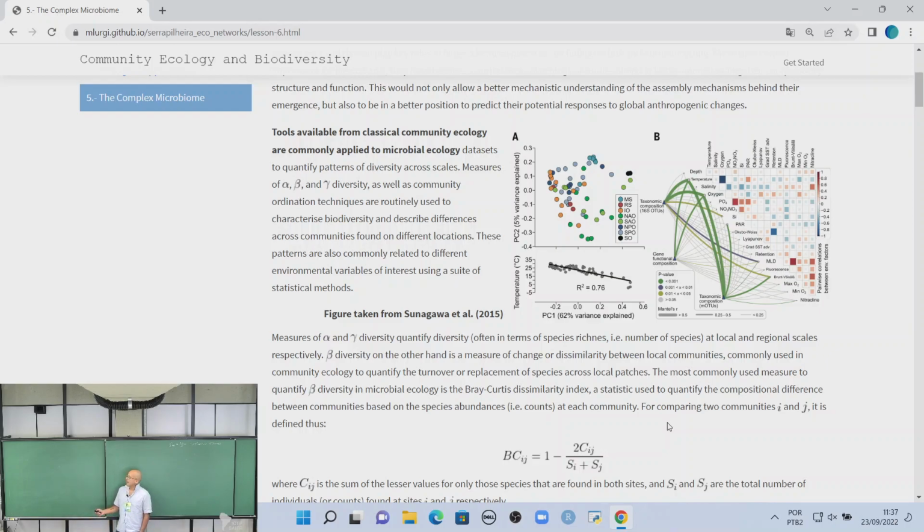And for example, they look at things like this. This is an ordination plot of different samples from marine microbial communities across all of the oceans of the world.